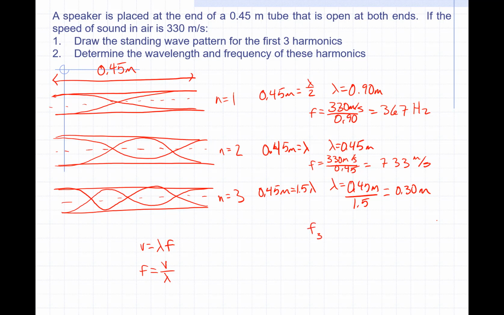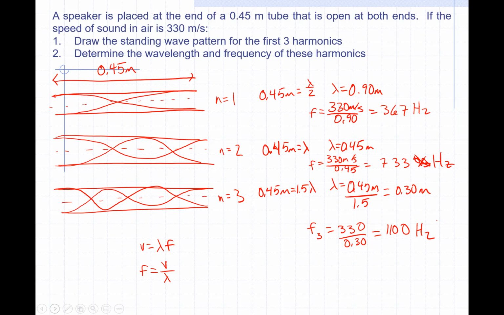And the frequency of our third harmonic should be 3 times the frequency, but let's just check it anyway. 330 over 0.3. Oh, and these should be hertz, not meters per second. 1100 hertz, 3 times our original frequency.